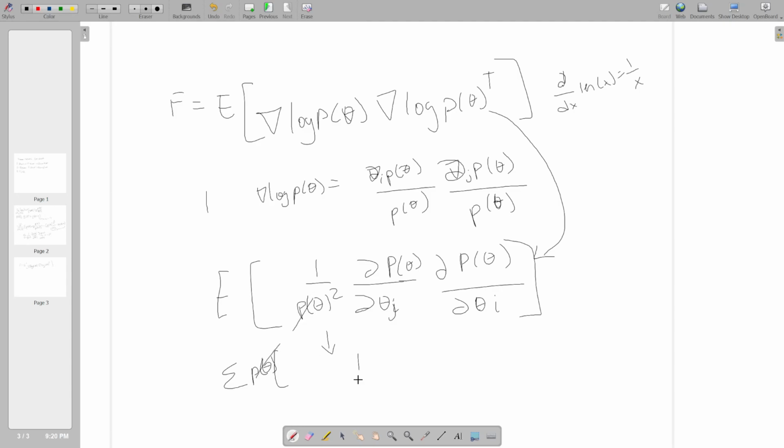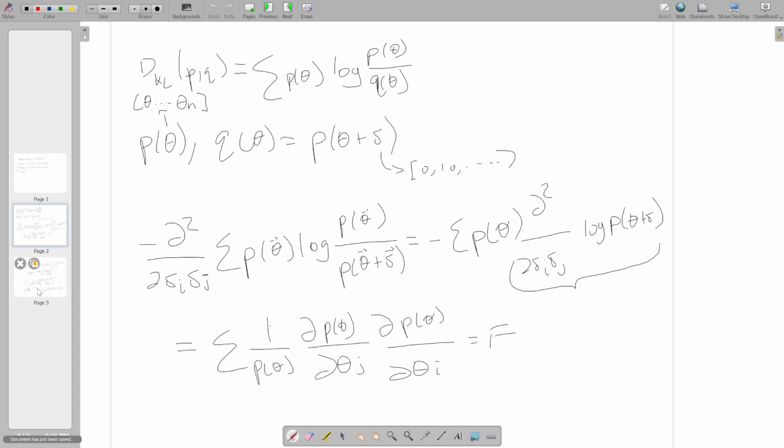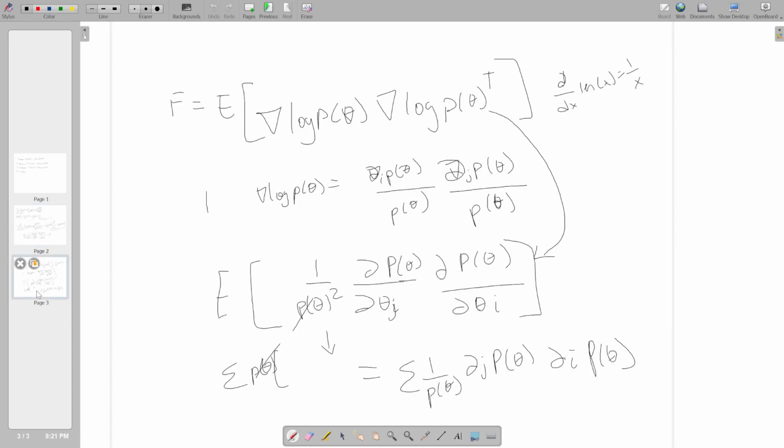And so we're going to be left with the sum still over here of 1 over p of theta. I'm going to shorthand it now: partial j, partial i, p of theta. And this is equivalent, this is exactly what we just derived right here. So you can see how these forms are equivalent depending on what background you come from and what you've seen.